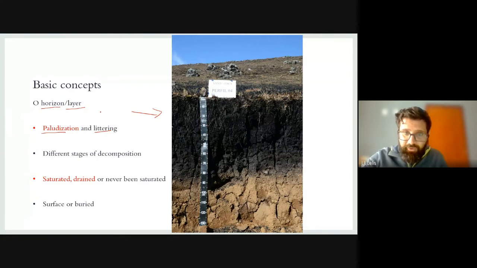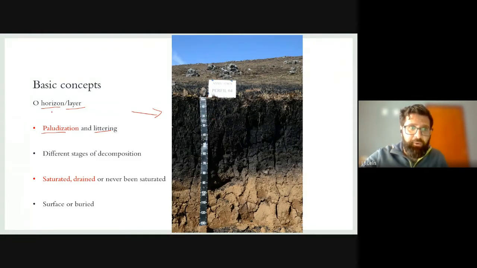We can see structure, and the presence of structure is evidence that this is a horizon, not a layer. And both of them are organic materials. They are rich in organic material, in roots, in leaves, and several other organic components.